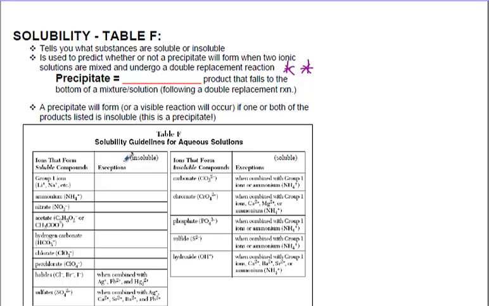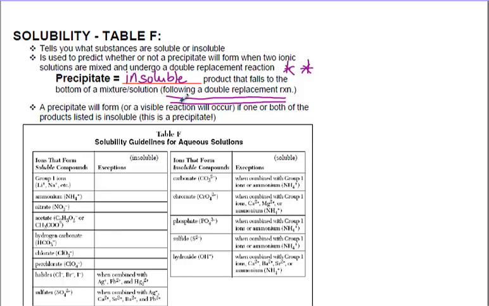But in this case, we're mixing two solutions together. So a precipitate in this aspect is going to be an insoluble product that falls to the bottom of a mixture or a solution following a double replacement reaction. So this is very important. We could see stuff at the bottom and think that it's saturated at that point.